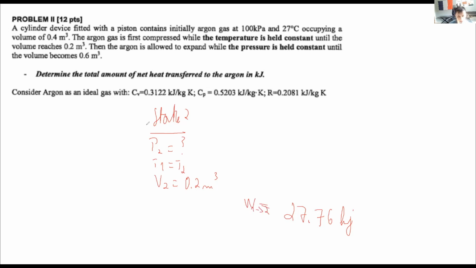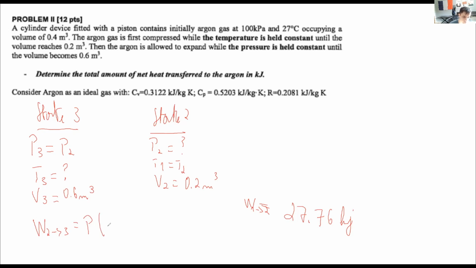Now we take the third state. P3, we don't know, besides that it's equal to P2. T3, we don't know, but that will not be useful. And we know that V3 is equal to 0.6 meters cubed. Now for an isobaric process, just like I told you, the work will be equal to the pressure that is being used, which we don't know, times the change in volume, V3 minus V2, final volume minus initial volume.